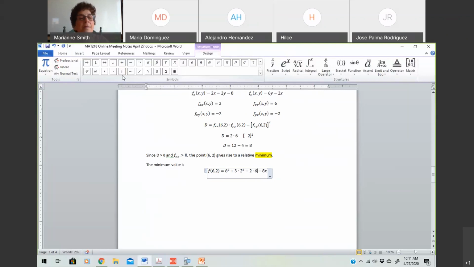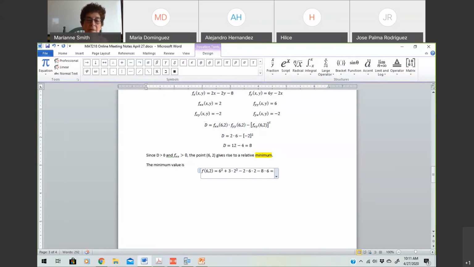Six, 2. Okay, so this is simply just something you evaluate on your calculator. Okay, I'm going to do that right now.